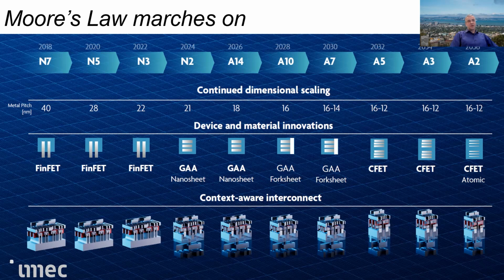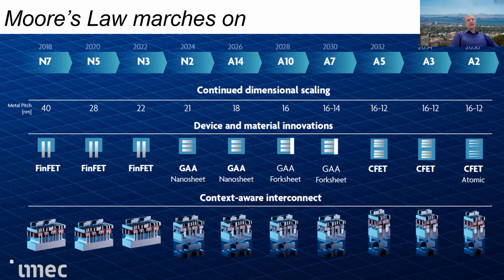In fact, we predict about another decade and a half, we can keep scaling things with Moore's law down to line separations of about 12 nanometers, where we'll start also integrating 3-dimensional structures, as you'll hear in the next talk.